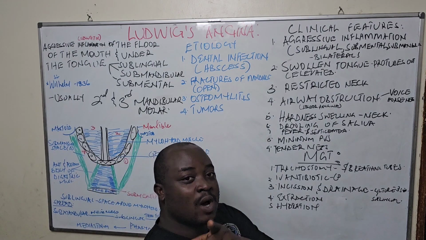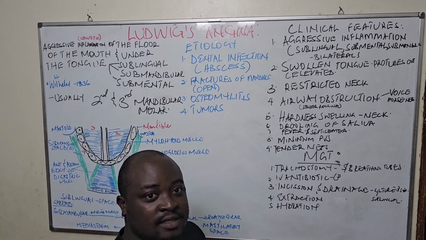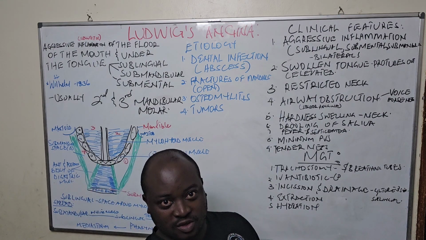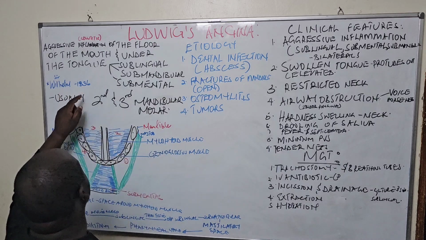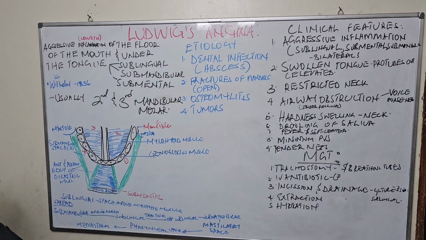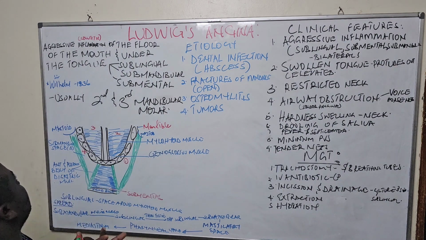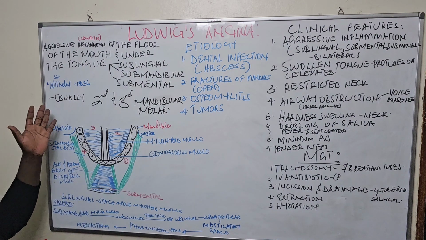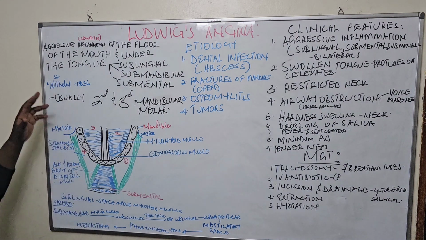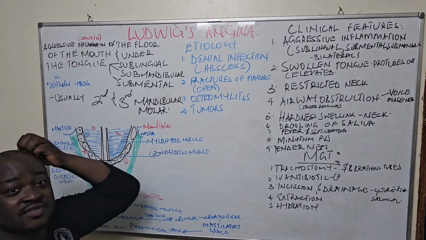So now we are talking about the one where we can have infection spread through tissues at a fast rate. And one of them is this strangulating infection that was described in 1837 by Sir Wilhelm, and he described it as a strangling infection, and we can define it as an aggressive cellulitis.